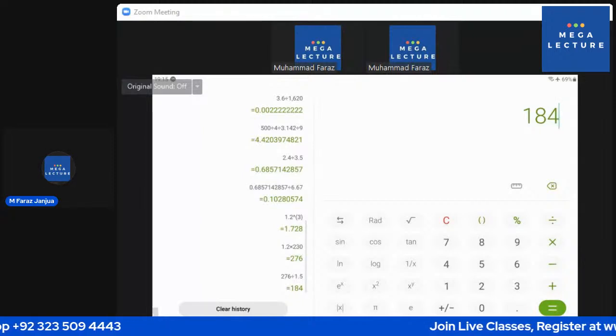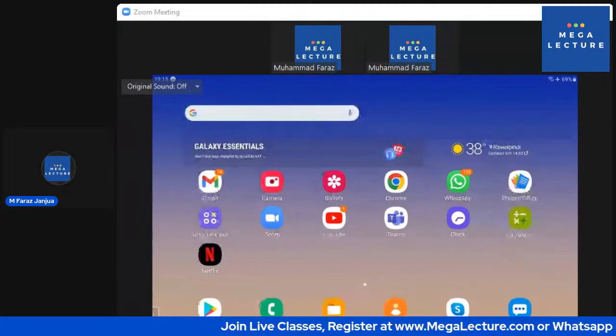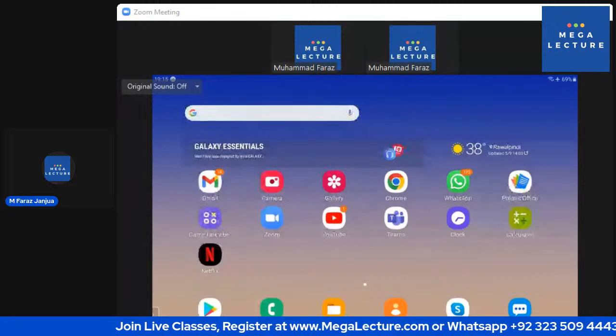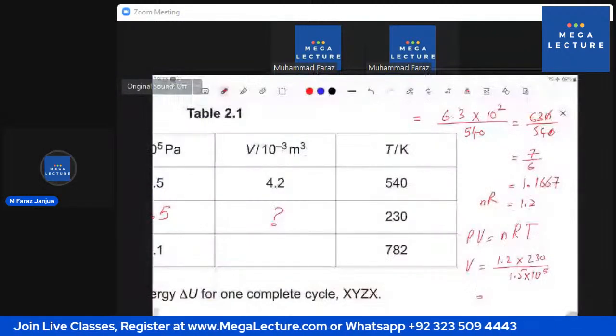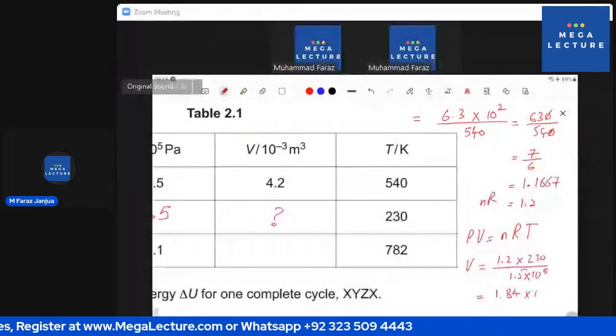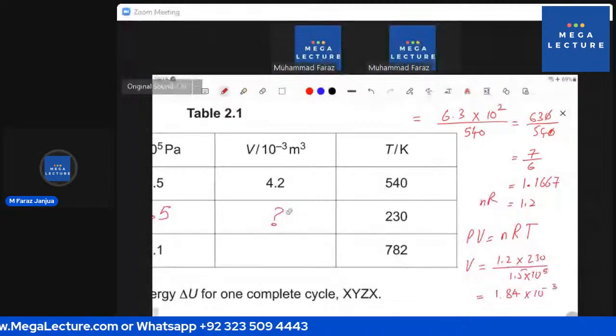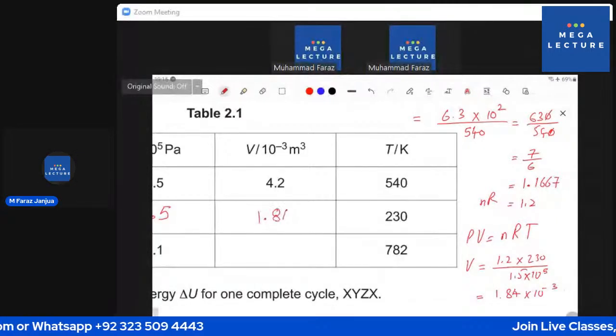So it will be 1.84 into 10 to the power minus 3. So this will be 1.84.